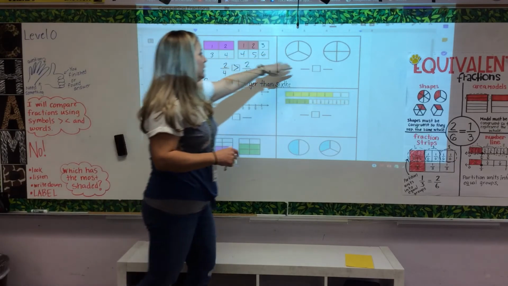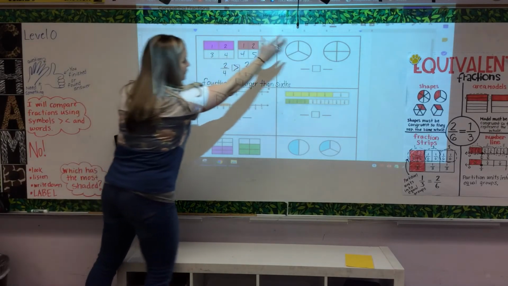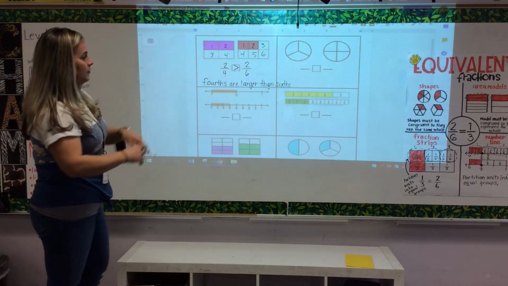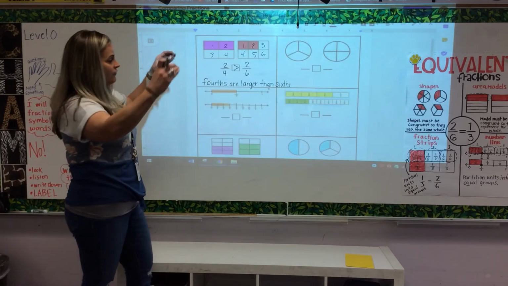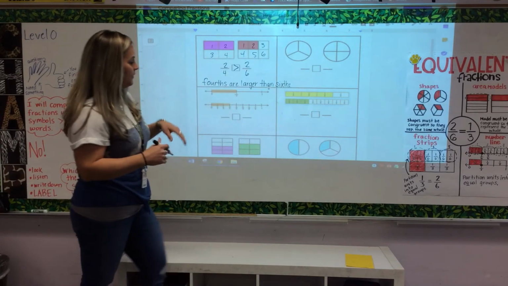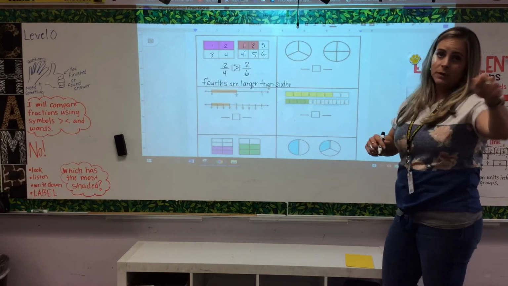Let me do a couple more with you. So we've got the area models, we've got the circle models, we've got 2 number lines that we're comparing fractions, 2 strip diagrams or fraction strips, and then kind of more repeated with those models. But I'm going to knock out these 4 with you, so get your pencil ready.